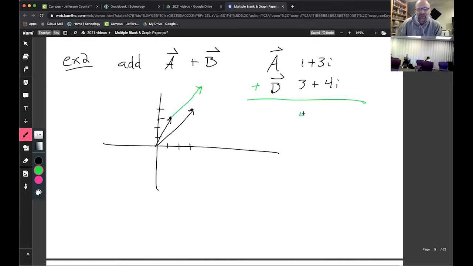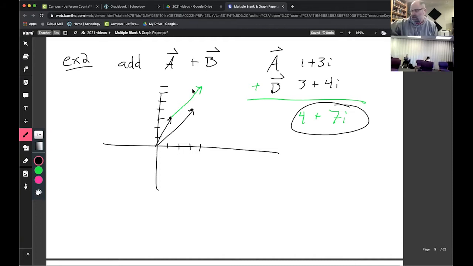You just add the real number components and the imaginary number components, or the x and y components. Okay, so when you do that, look what happens. It looks like it ends up at 4 plus 7i. Okay. All right, so if you can add vectors, you can subtract them, same way.